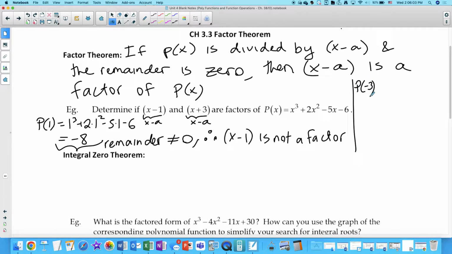And that is negative 3 cubed plus 2 times negative 3 squared minus 5 times negative 3 minus 6. And that is, let's see, negative 27. Now this is 2 times 9, so plus 18. And then this would be plus 15 minus 6. And I believe that equals 0.